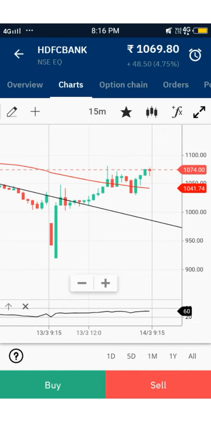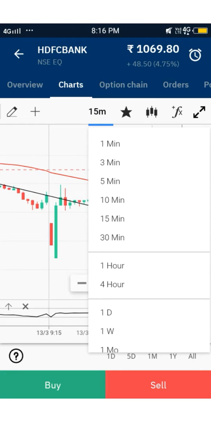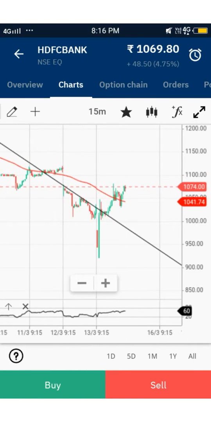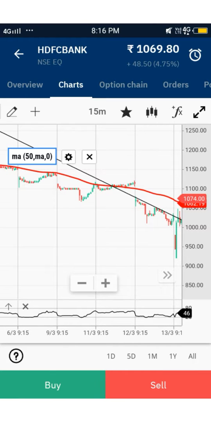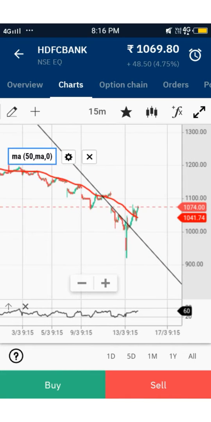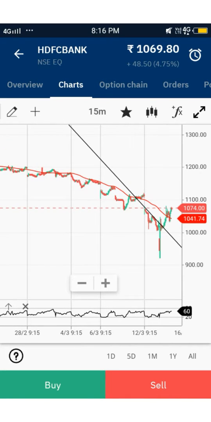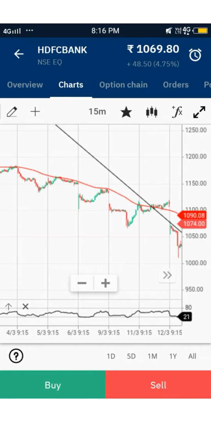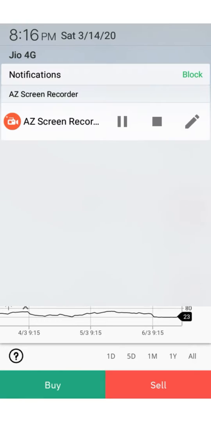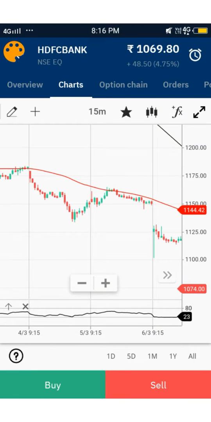I'm going to use the 15 minute candle. I make only trend lines.